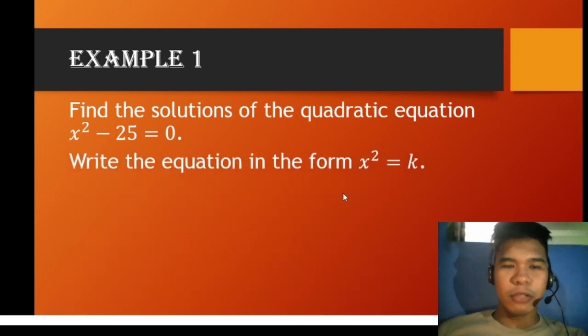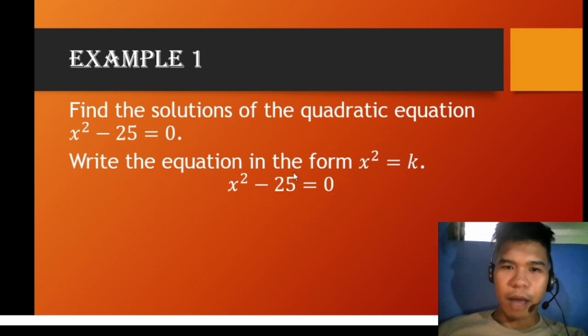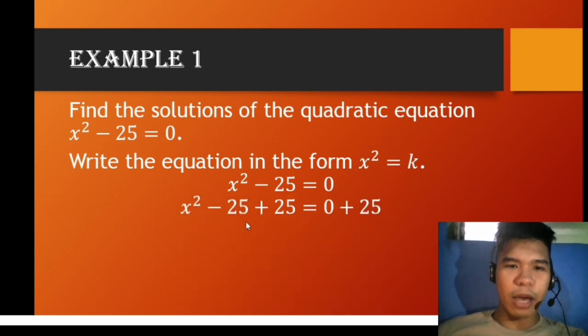So the first thing that we need to do here is to write the equation in the form x squared equal to k. Since we are given x squared minus 25 equal to 0, we need to eliminate negative 25 here. So to eliminate negative 25, we need to make this become 0. To make this 0, we need to add 25. So that's why it became x squared minus 25 plus 25.